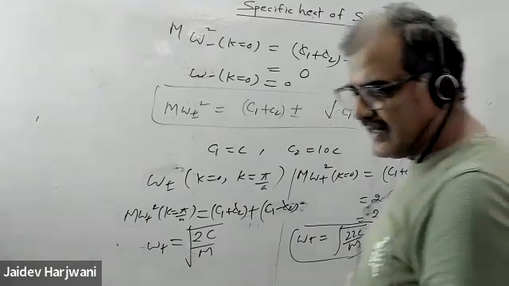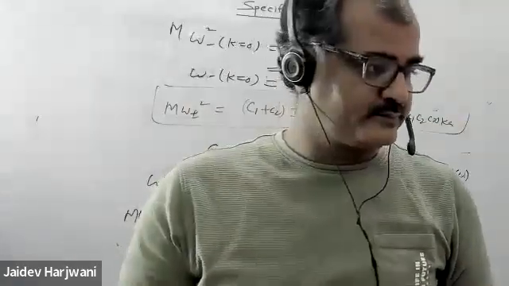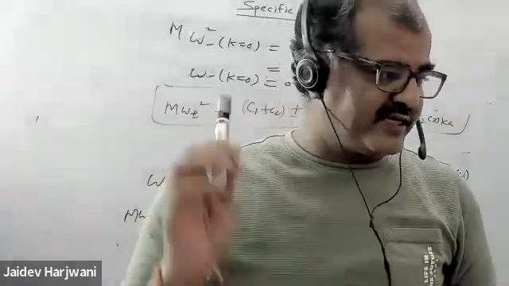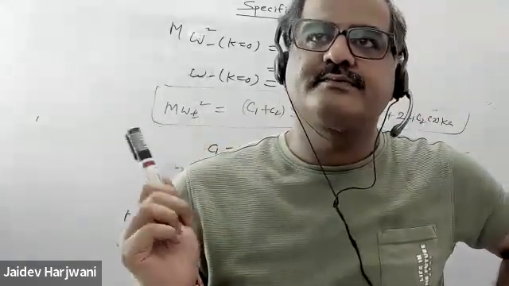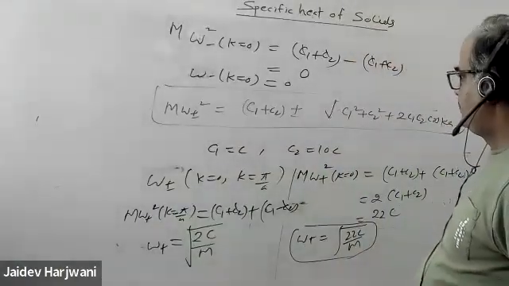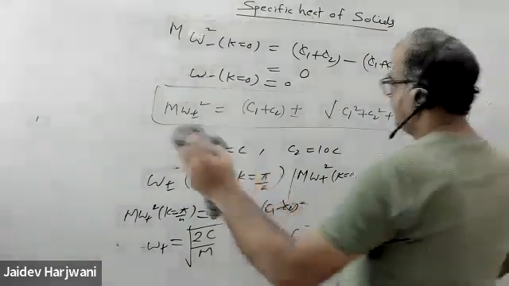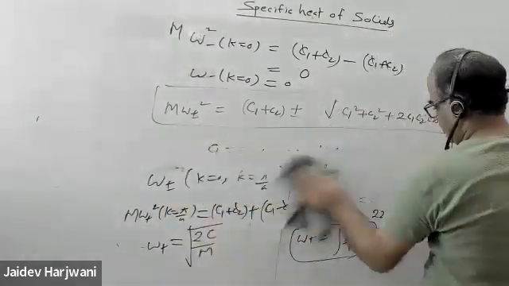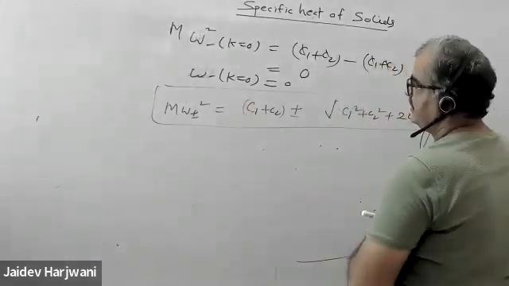Only 2 or 3 people are replying, but are other people doing it or not? All of you getting these expressions? Yes, sir. Okay. Omega minus will be under root 2c by m. Very good.